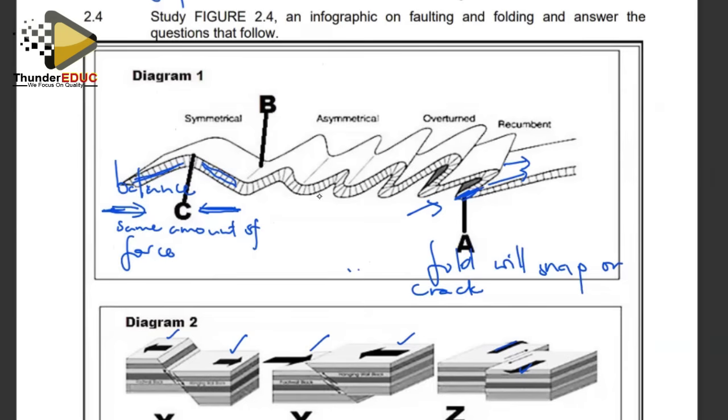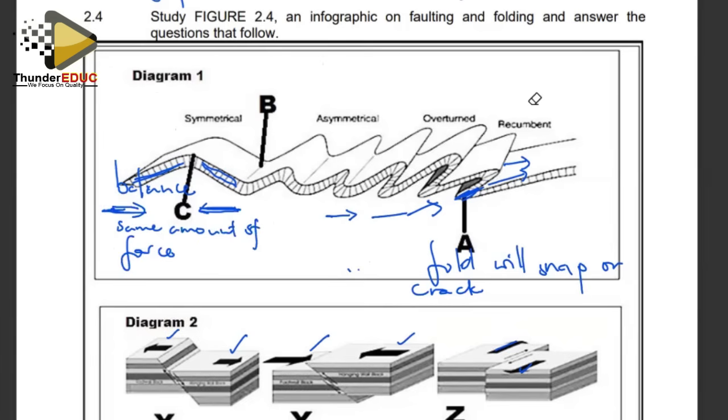And then, if you look at an asymmetrical like this, what is the implication there? It means the forces are not balanced. This side has got a weaker force, and this side has got some other force.